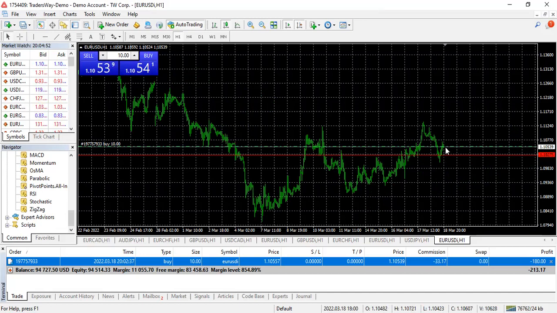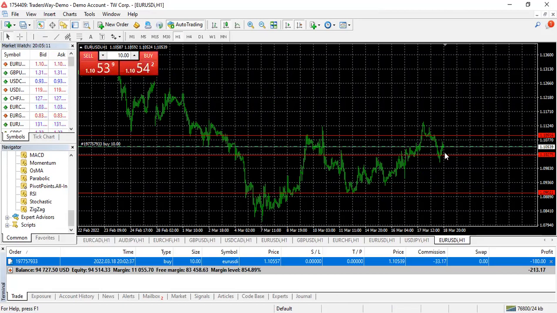I believe the market will come down and keep going down. So I set a sell stop here, then I have my stop loss here at this point, and I set my take profit at this point. When the market reaches here, my sell stop will trigger.